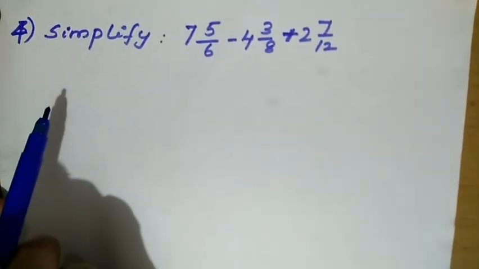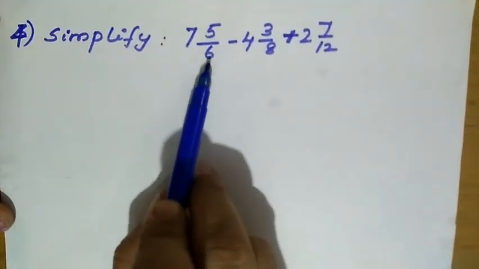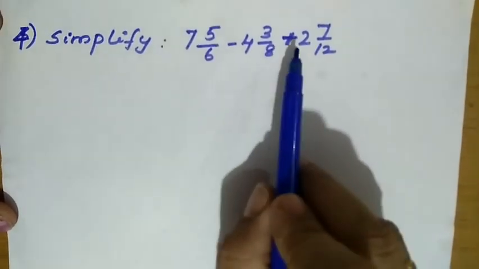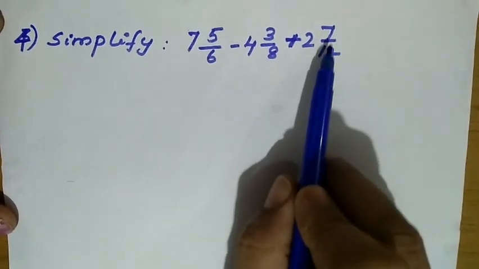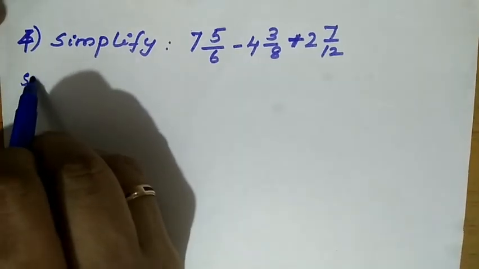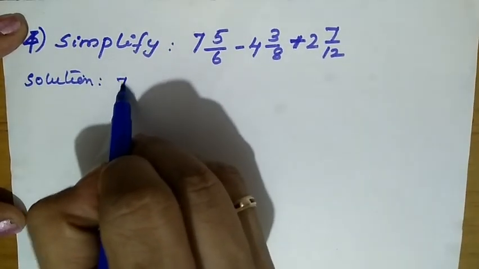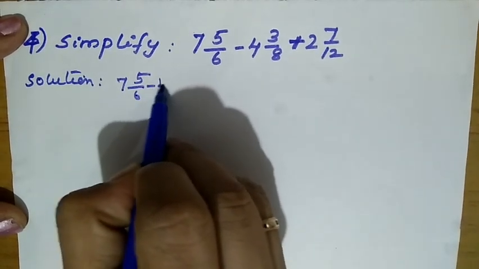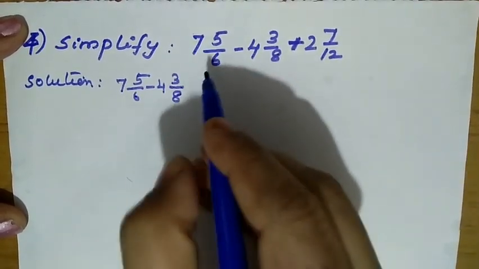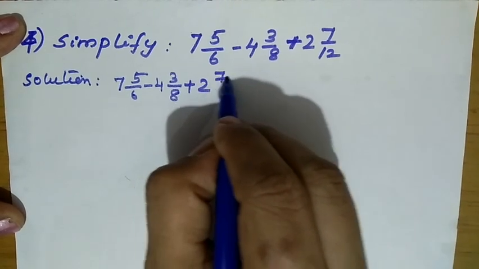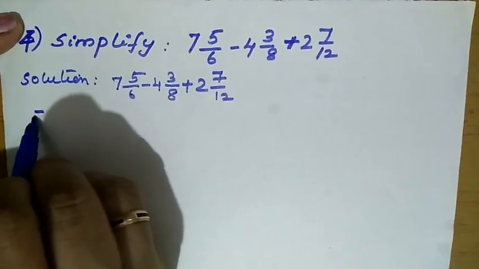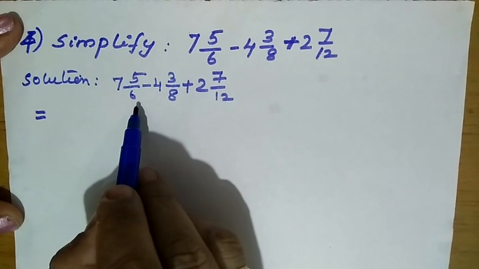Next question, simplify 7 integer 5/6 minus 4 integer 3/8 plus 2 integer 7/12. Solution. These all are mixed fractions. What is the first step?